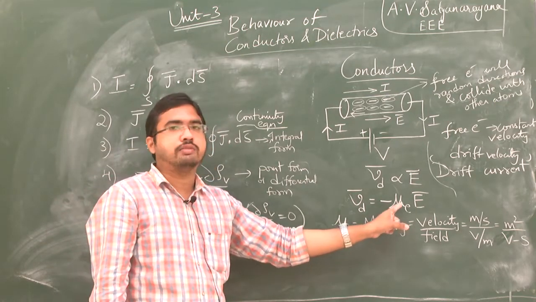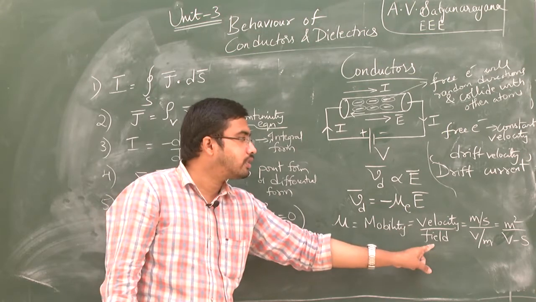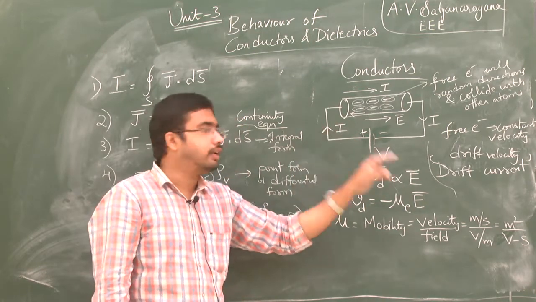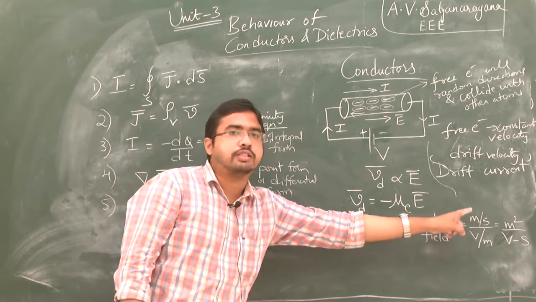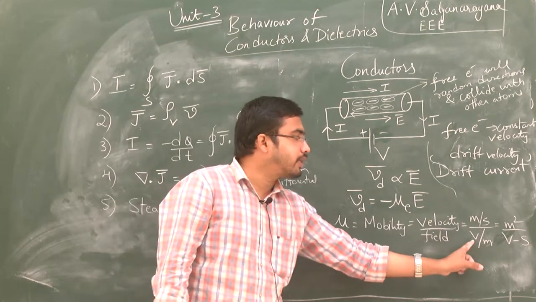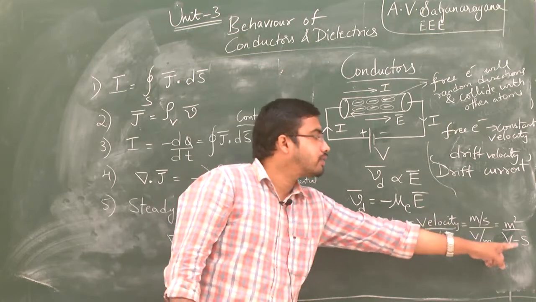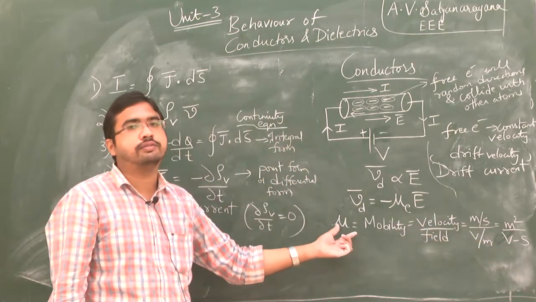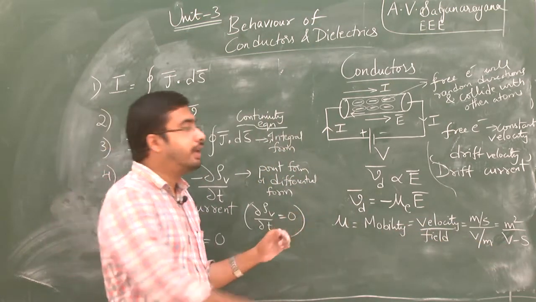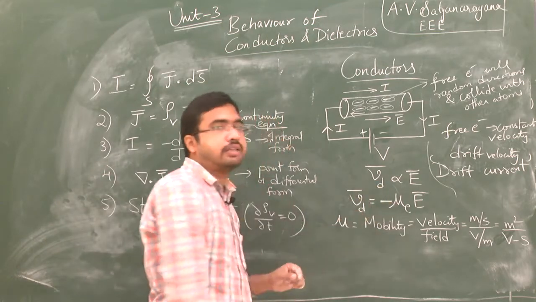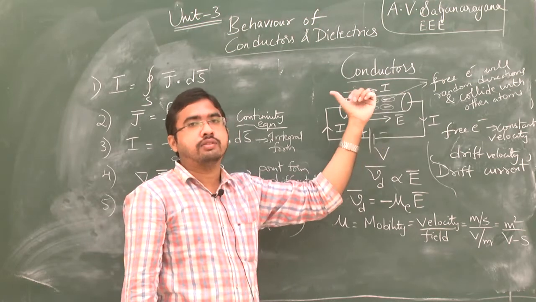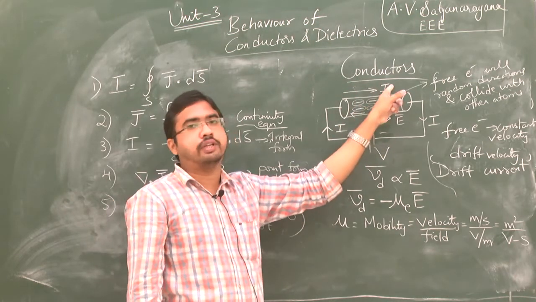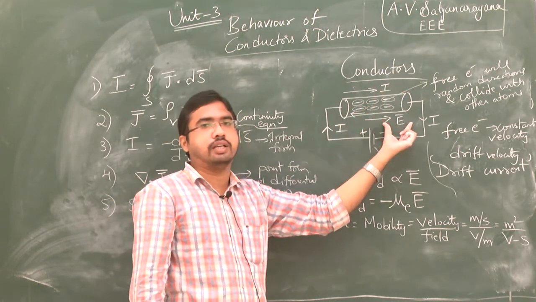That's why it is denoted as mu e, which is given as velocity of the moving electrons divided by the electric field. Velocity is expressed in meters per second and field is expressed in volts per meter. Meter square per volt second is the unit of this mobility of the electrons. And why we have kept this minus sign: we can observe that the flow of electrons is opposite to the flow of the conventional current or the applied electric field.